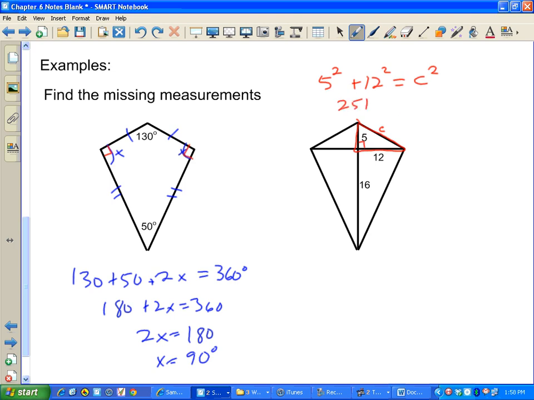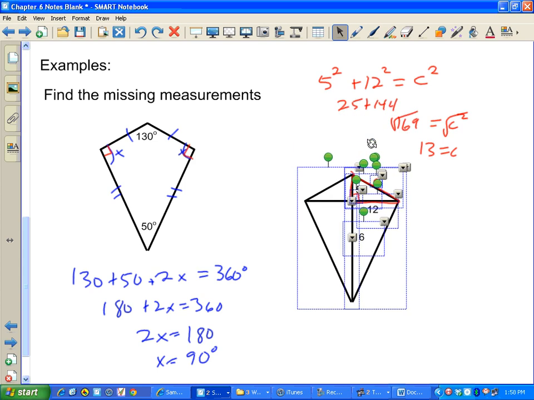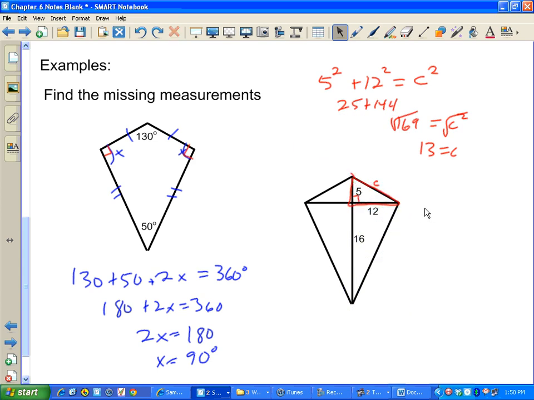So we get 25 plus 144, which is 169, equals C squared. You square root, you get 13. So this is 13, which means this will also be 13.